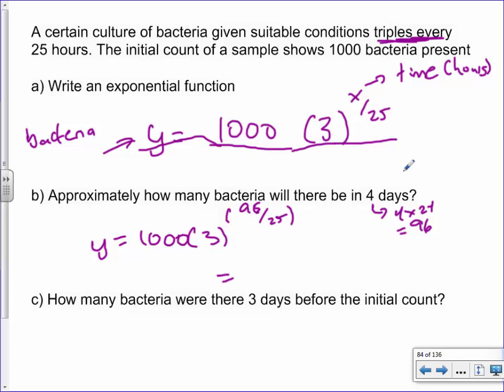I guess I can guesstimate what it is. It should be 1,000 to start, 3,000 after 1 day, 9,000 after the next day, 27-ish thousand maybe. So 1,000 bracket 3 close bracket to the power of bracket 96 over 25.